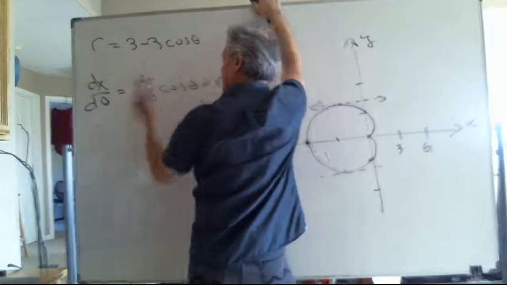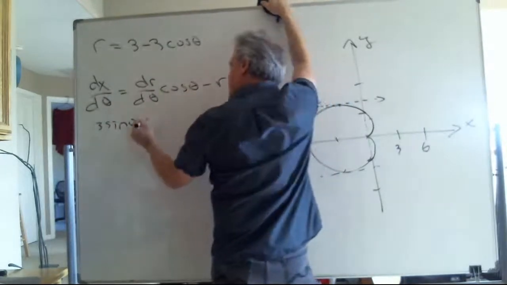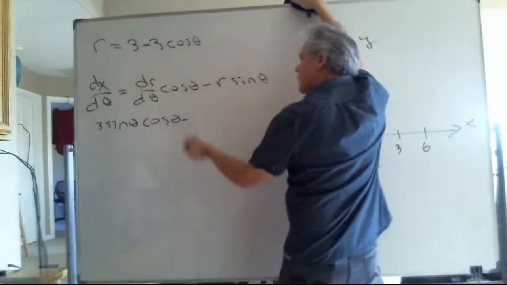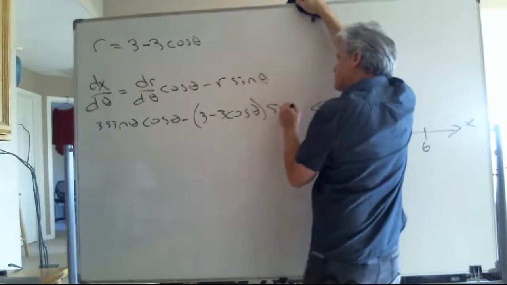I can't do it for some reason. 3 times sine of theta times the second factor of the first term minus r times the sine of theta.